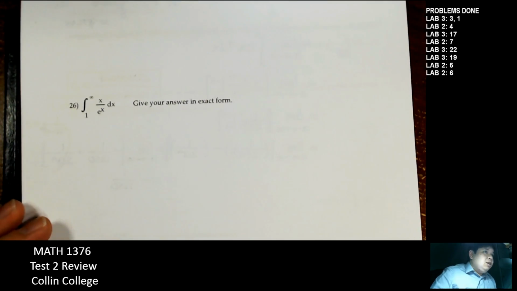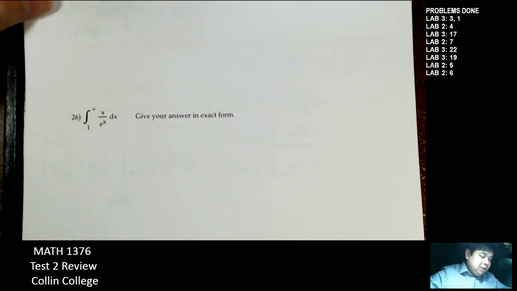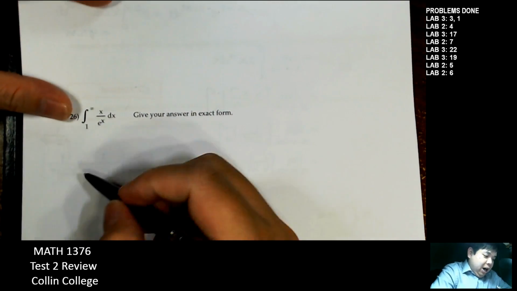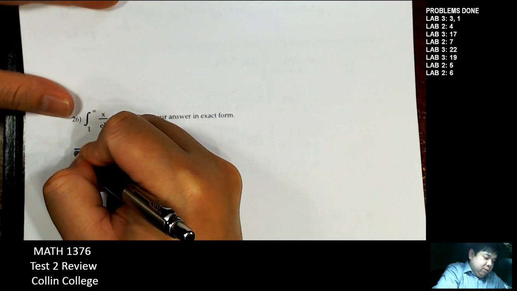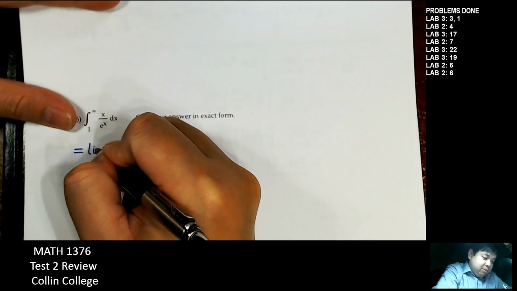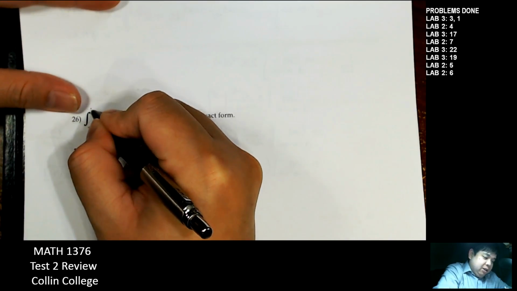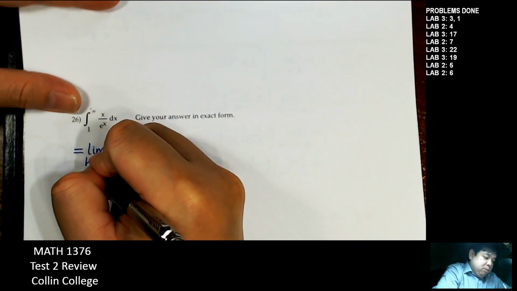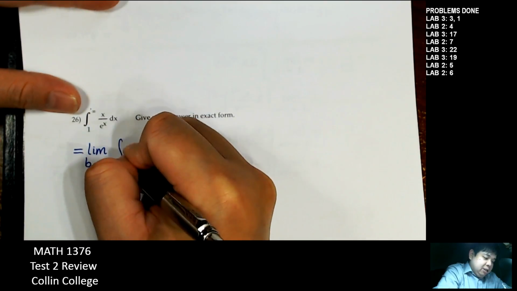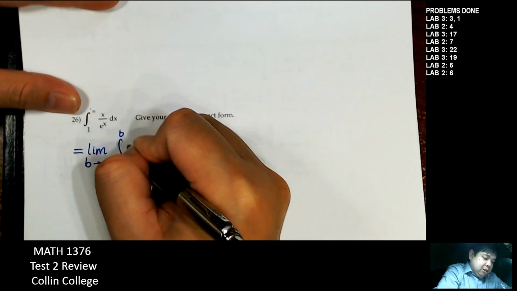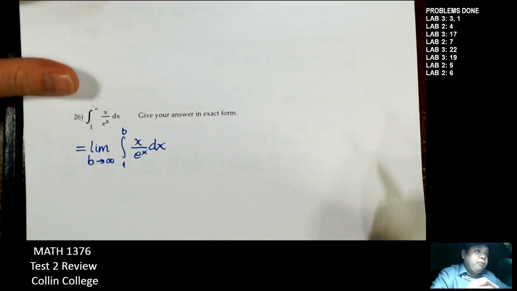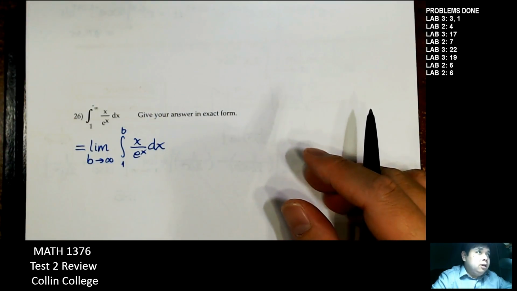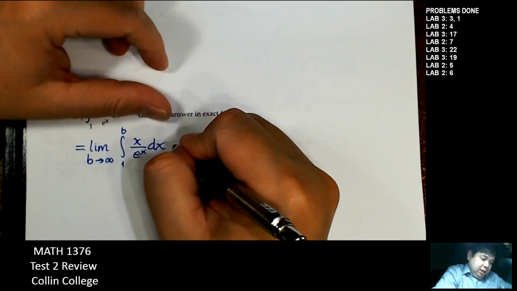26. Right. So first I will change the limit. That's always the first step. Infinity upper limit, that will be b. Right.